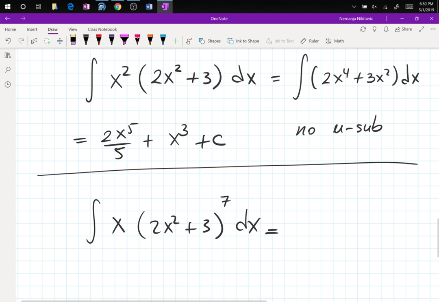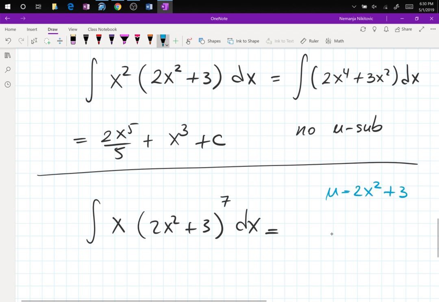So when are you able to use u sub? Only when you have function derivative pair. That's it. That's the only case when you are allowed to use u sub. Other times, it won't fit. u equals 2x squared plus 3.